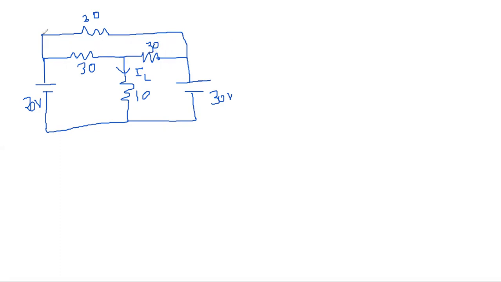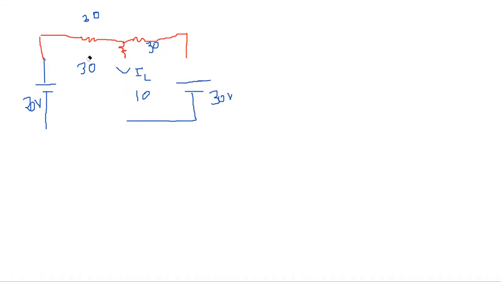So the delta will be like this. Convert this delta into a star, and the circuit will look like this.